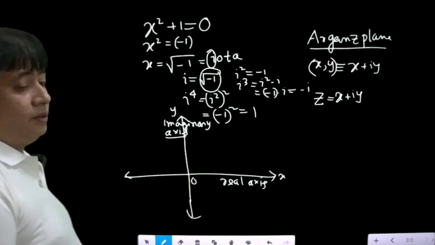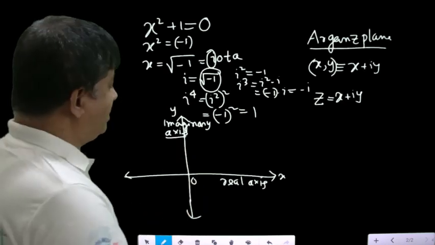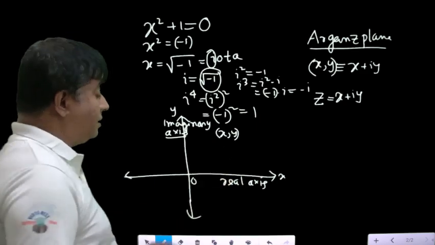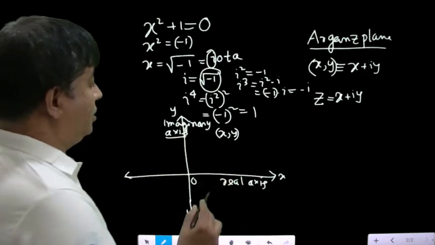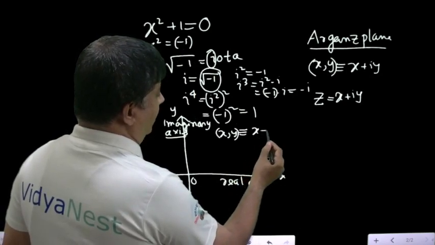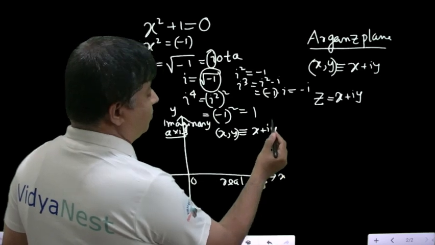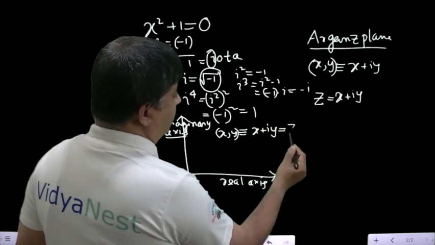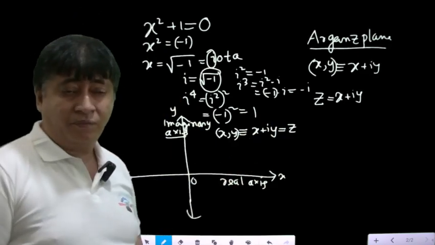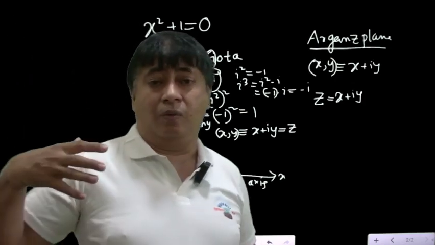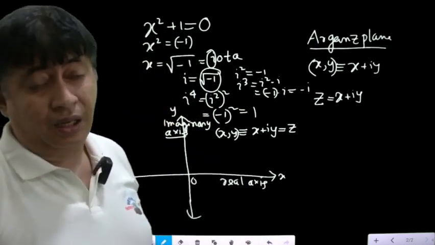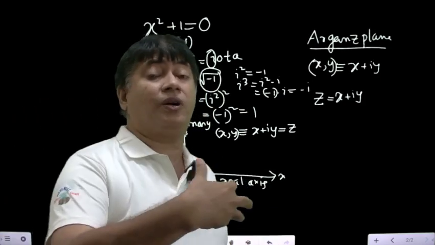Okay. Suppose there is a point x comma y in real number. So in complex number, that will be denoted by x plus iy, and which is kept in z. z is equal to x plus iy. Suppose you are walking through a road, you are the object, and what thing is following you?